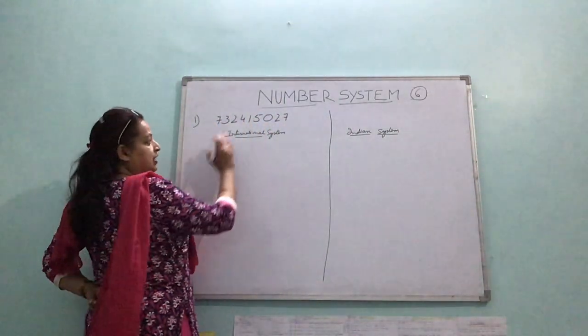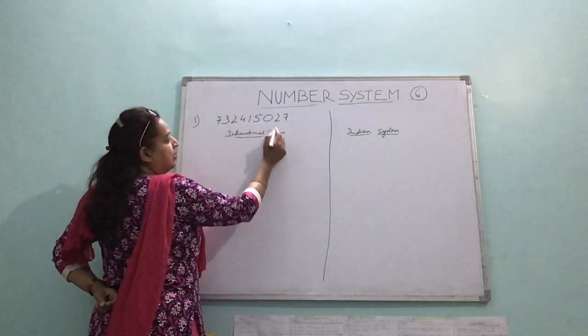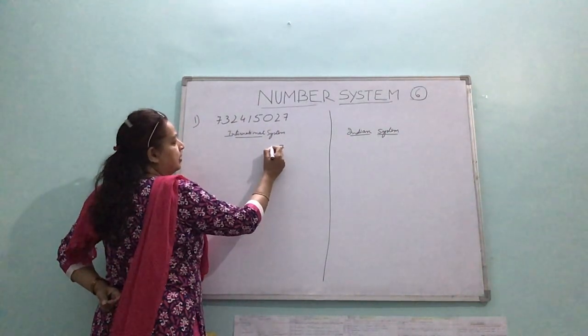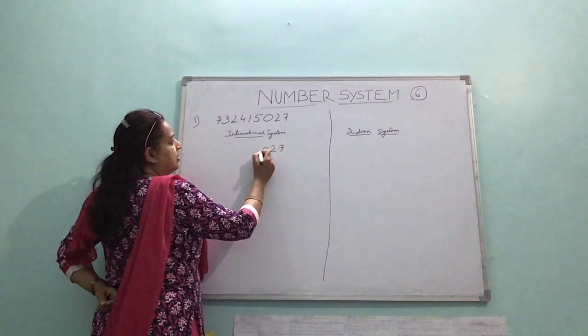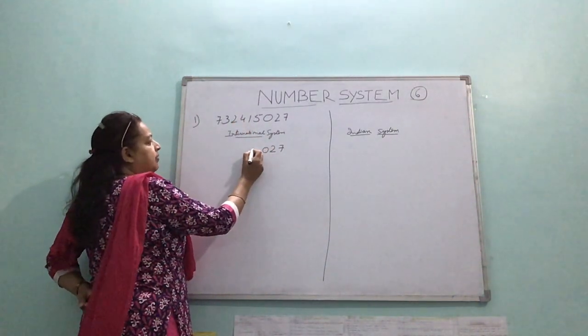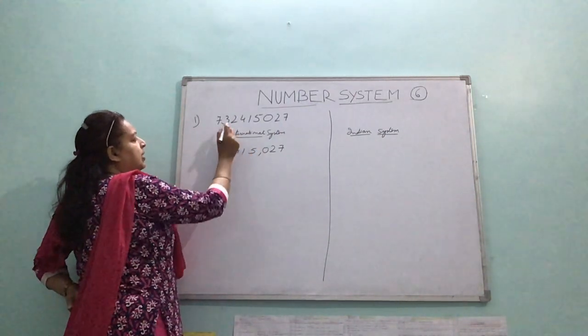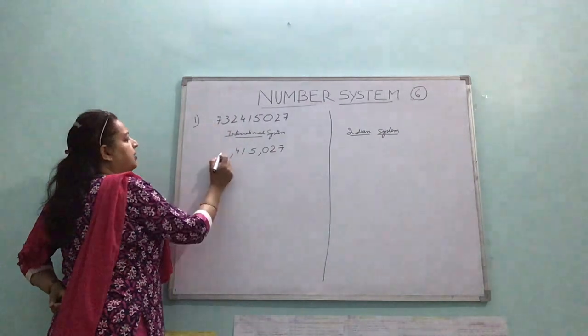So in the international system, when we put the commas, this is the ones period: units, tens, hundreds, then thousand, 10,000, 100,000. We separate the digits, 3 digits after each comma, then million, 10 million, 100 million.